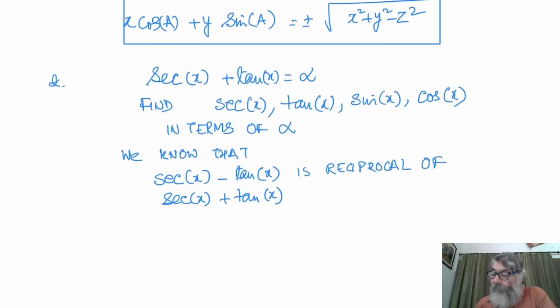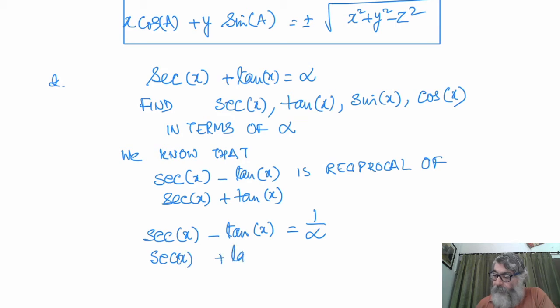So we are already given sec x plus tan x. So I can say sec x minus tan x, reciprocal means it will be 1 upon alpha. Its value will be 1 upon alpha. Reciprocal means just the reverse of that. And sec x plus tan x is equal to alpha.